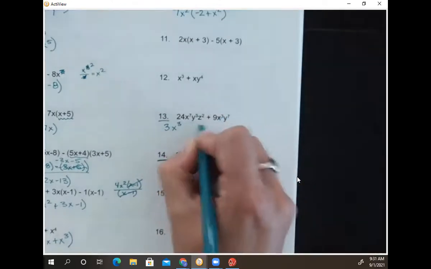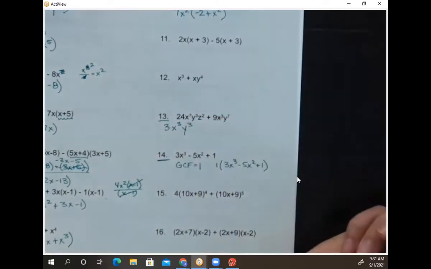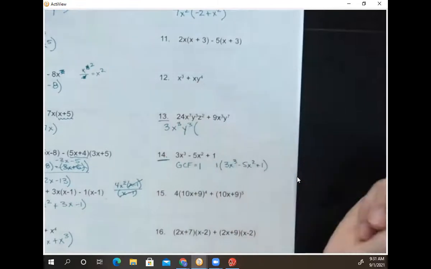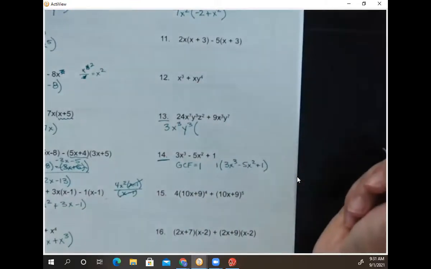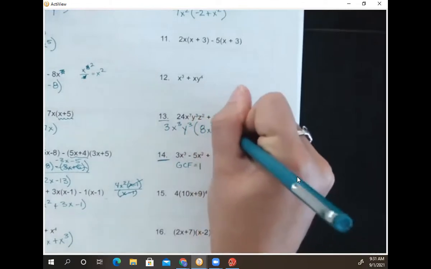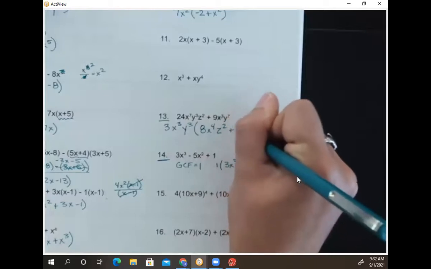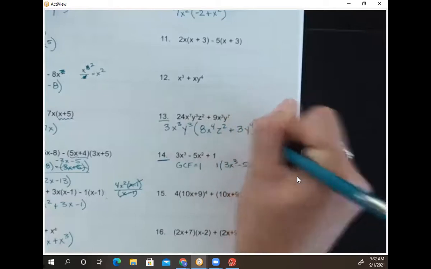And then these both also have y, and again, I can take however many the smallest exponent has. So this would be my GCF. What's left when I factor it out? Perfect.